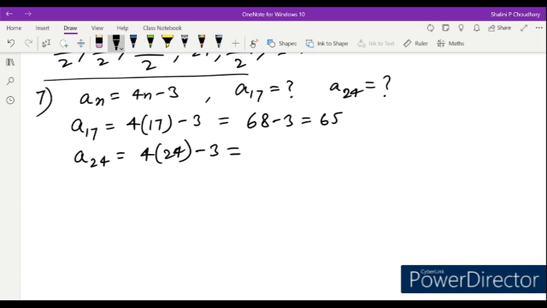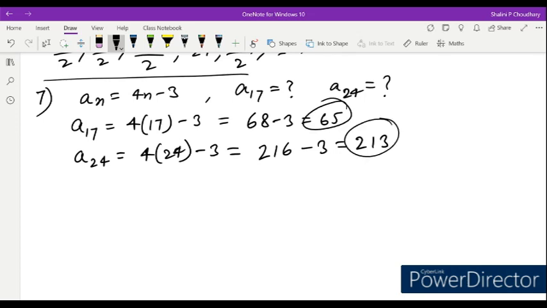Okay, so 24 fours are 216, minus 3. That will be equal to 213. Okay, so these are the values.